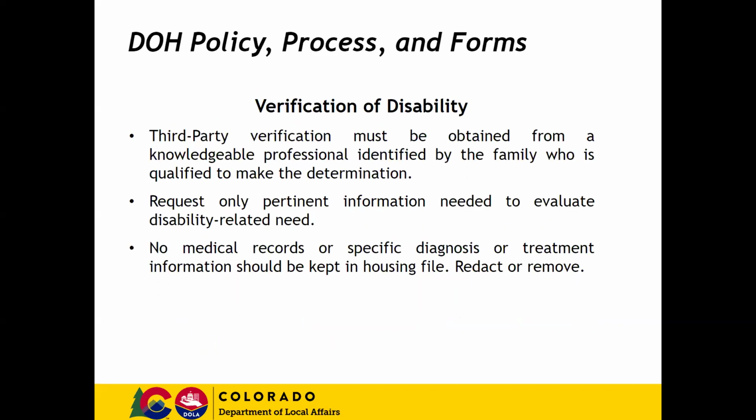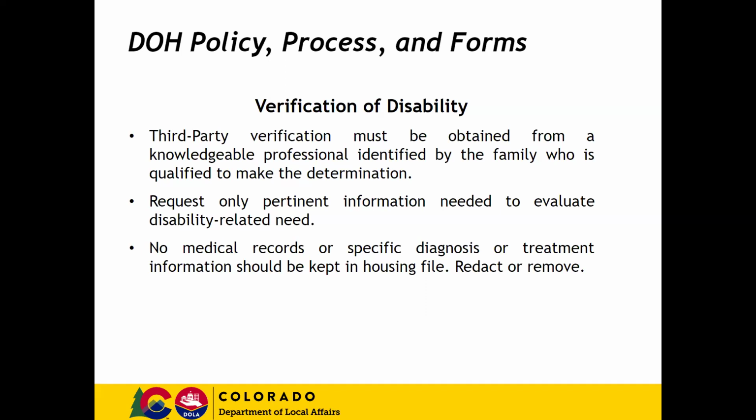So again, if an individual is not receiving Social Security income and Social Security hasn't already done that verification of disability for us, we do require third-party verification obtained from a knowledgeable professional identified by the family who is qualified to make that determination.